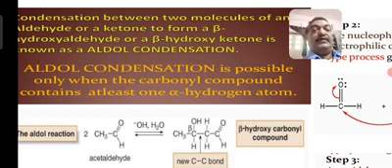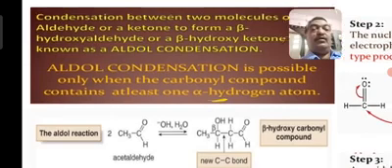When treated with each other, they will form, or lose, a molecule of water, whereby beta hydroxy carbonyl compounds are formed. So this is the aldol reaction. So aldehydes or ketones having alpha hydrogen, when treated in the presence of an alkali, form a condensed product called a beta hydroxy carbonyl compound, that is known as an aldol.